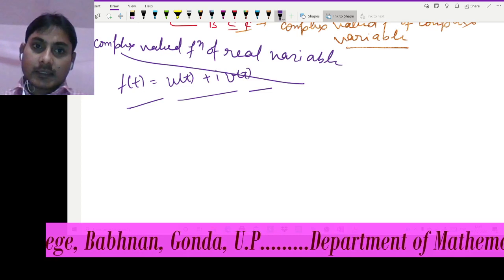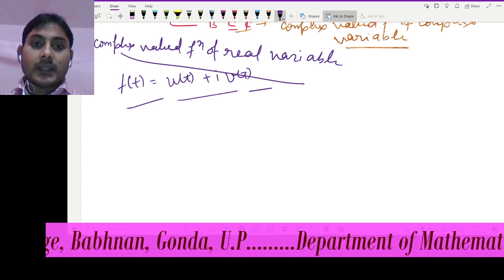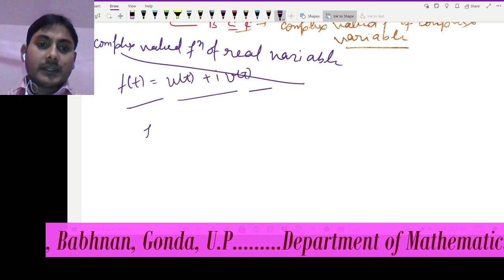And using this representation of f, you can define its limit.